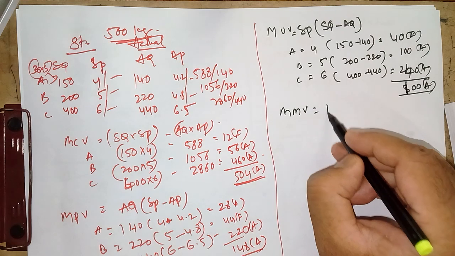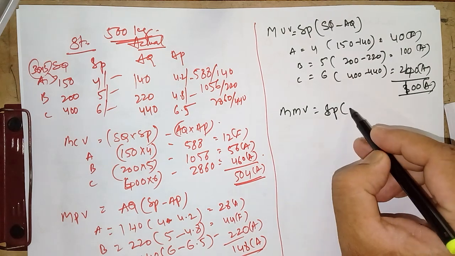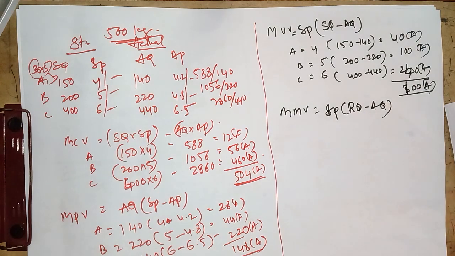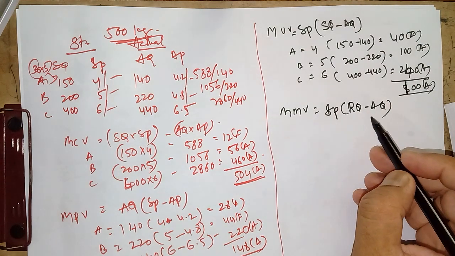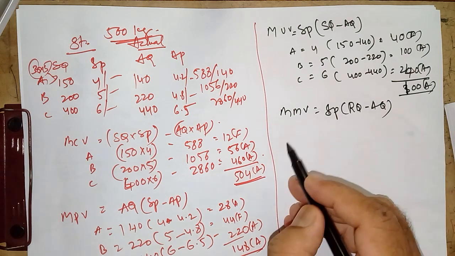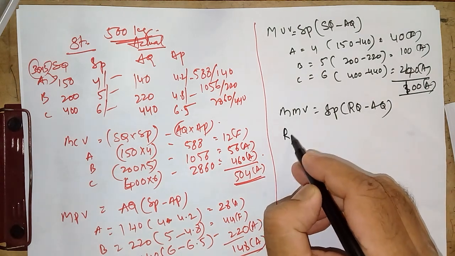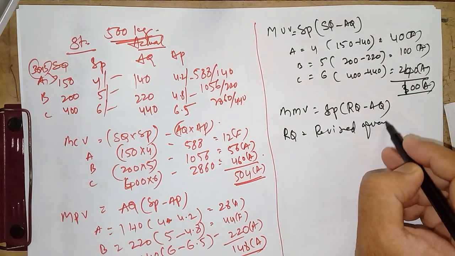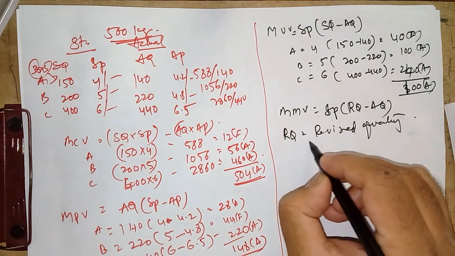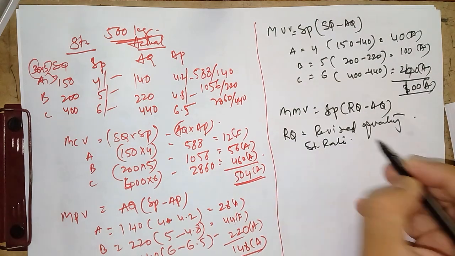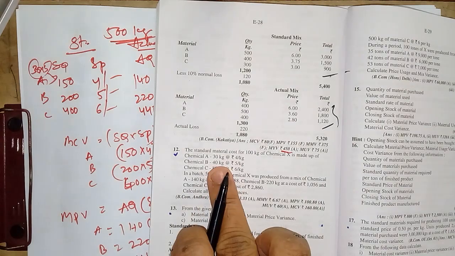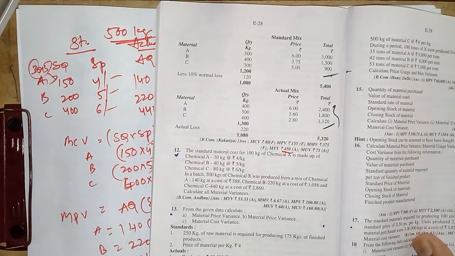Then MMV. MMV is equal to SP into RQ minus AQ. So revised quantity we need to calculate. Revised quantity is based on the standard ratio. What is our standard ratio? It is given in the textbook; in the beginning we saw that it is 3:4:8 we need to take.